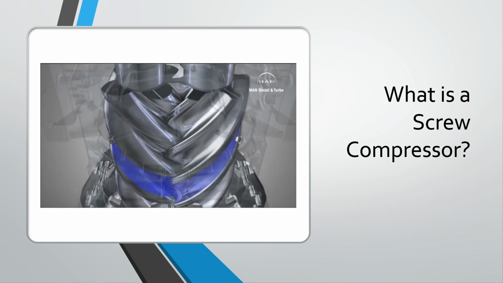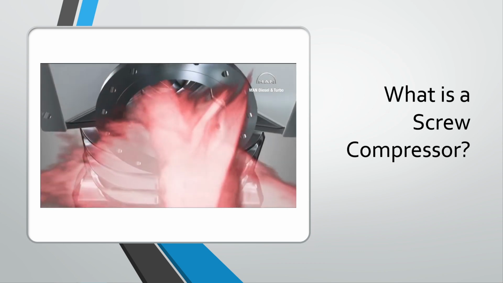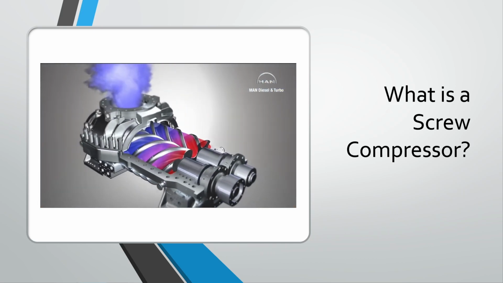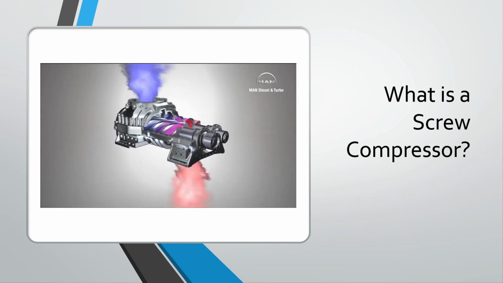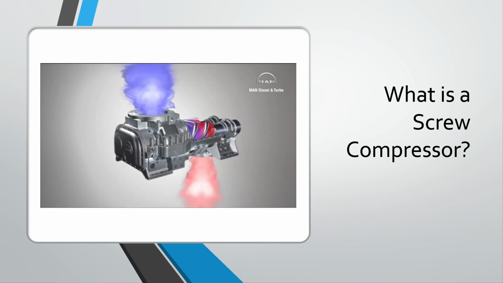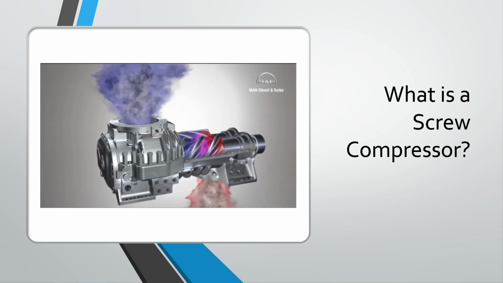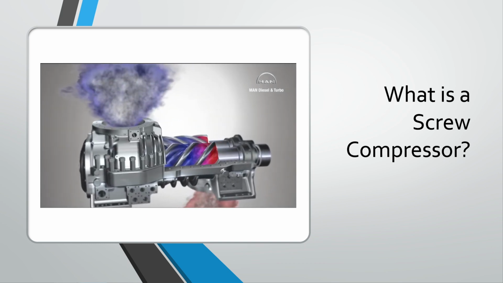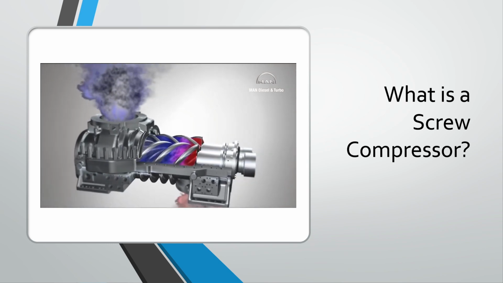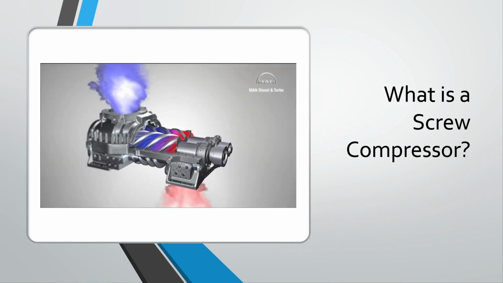Once the gas is compressed, the chamber reaches another port connected to a discharge nozzle, and the gas flows out. In fact, all the chambers between the two rotors are being filled and emptied continuously. This means that with a screw compressor, the compression process is more or less ongoing. The design of a screw compressor combines the advantages of a positive displacement machine with those of a rotating machine, making this type of compressor suitable for a very wide range of applications and process gases.